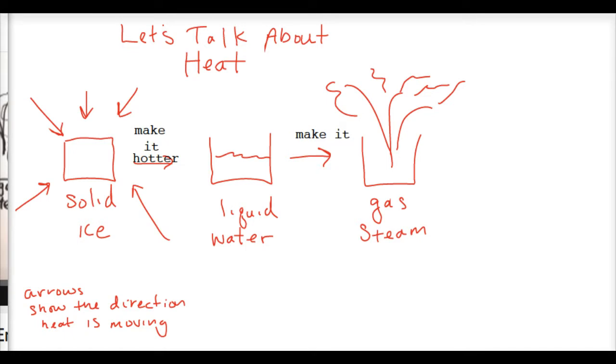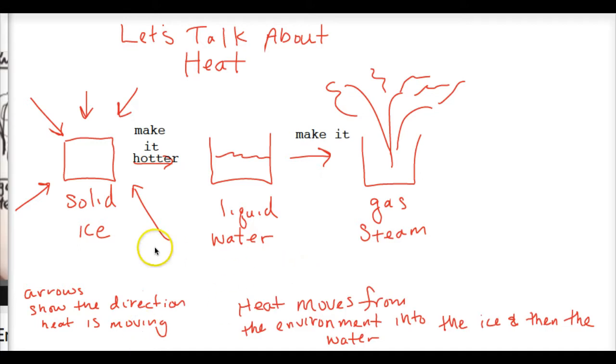I used arrows to represent the direction that heat is moving. This shows that heat is moving into the ice in order to change it from solid to liquid, because we had to make it hotter. It could be heat from a stove, from the sun, or from a fire, but nonetheless the heat is moving into the system.